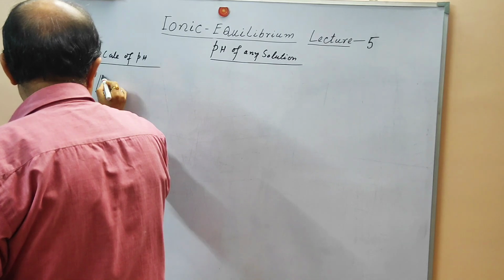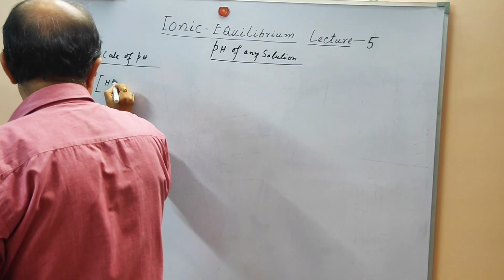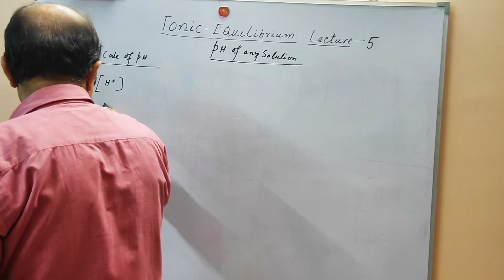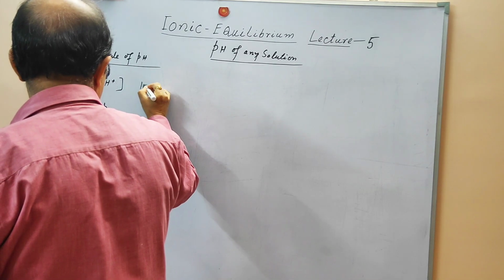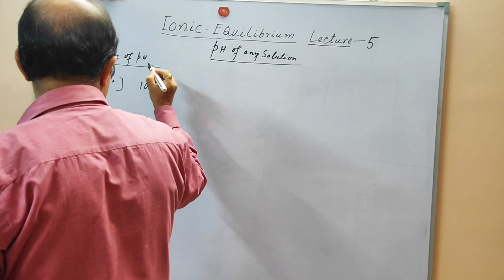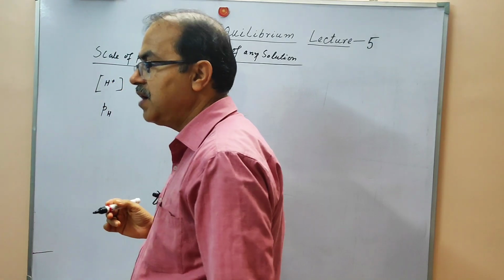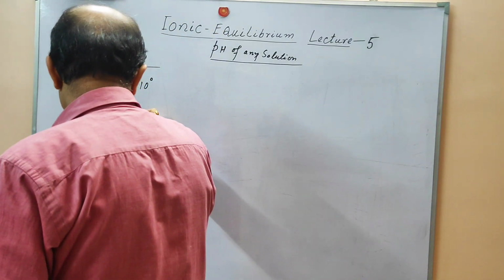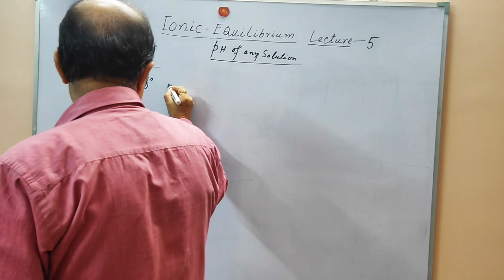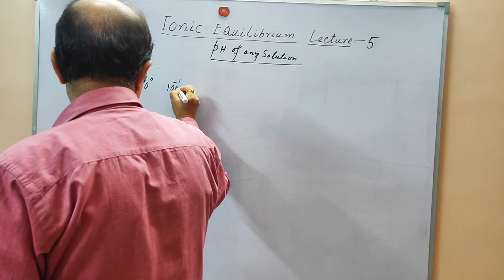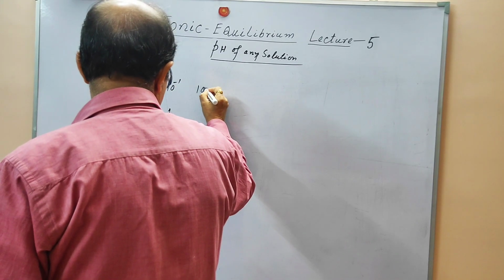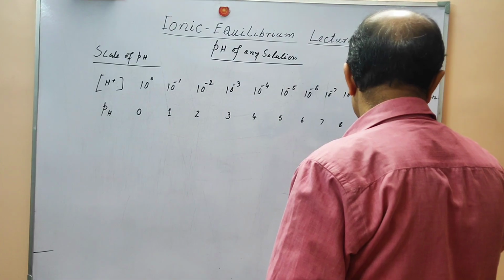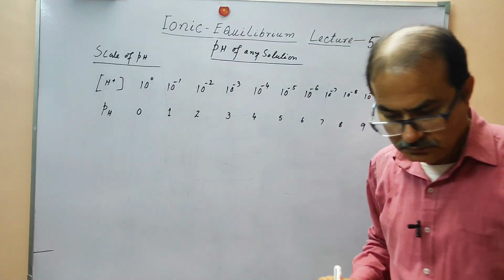We are taking here the molar concentration of H plus ion and the pH against it. Suppose the molar concentration is 10 to the power 0, meaning 1 mole. At that time the pH will be 0. When it is 10 to the power minus 1, its pH will be 1. When it is 10 to the power minus 2, pH will be 2.